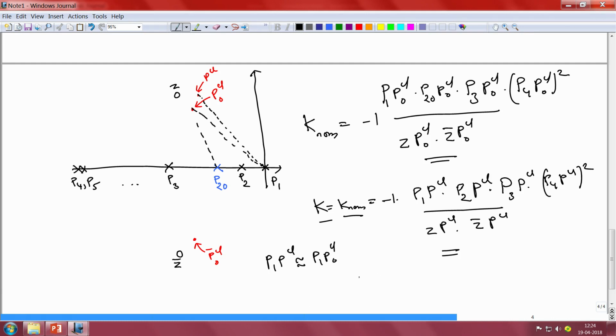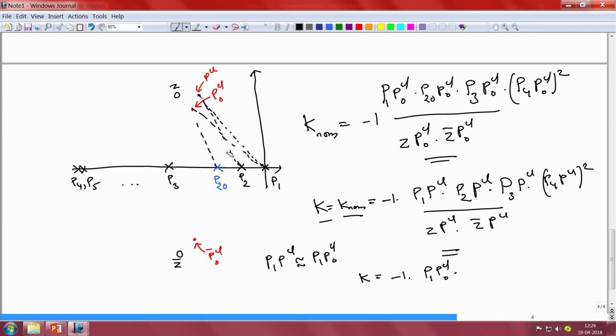So what I can do therefore is, the second equation, I can write it as K is equal to minus 1 times, instead of writing it as P1 PCL, I shall write it as P1 PCL naught. And the second term is P2 PCL, and that represents the distance of the point P2 from the point PCL, and I am indicating that by this dotted curve here.